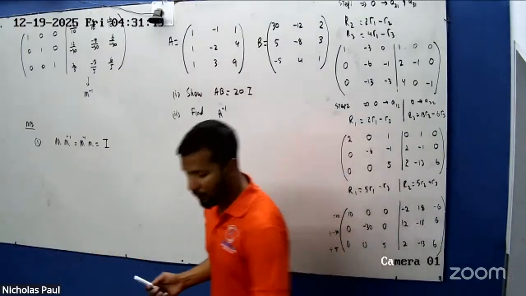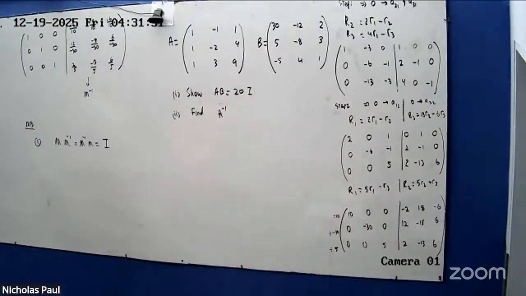Alright, so multiply A by B and show you again 20i, and then find the input.